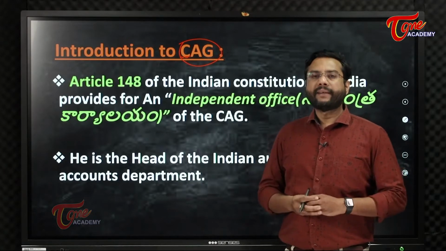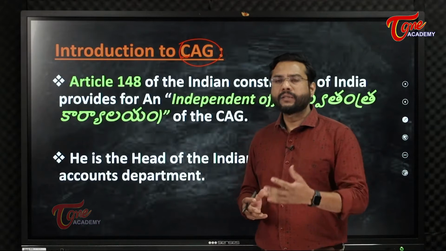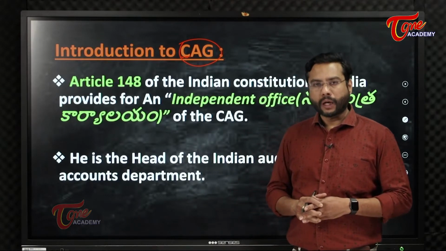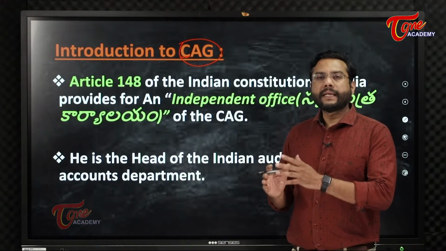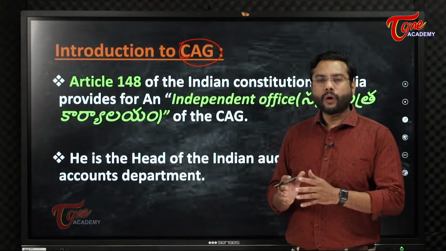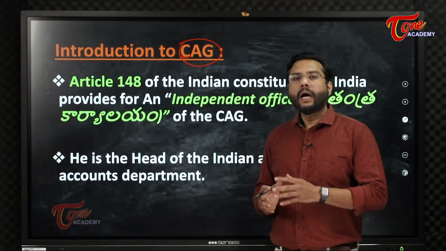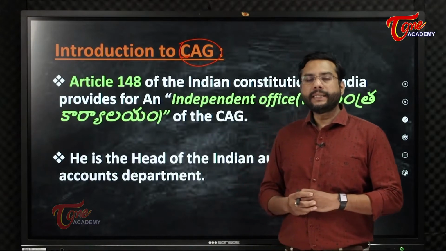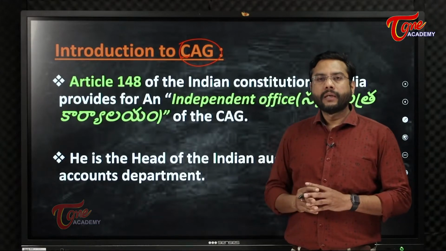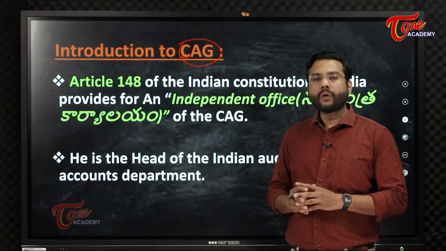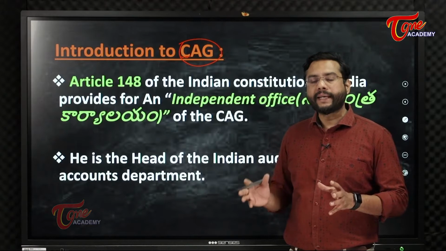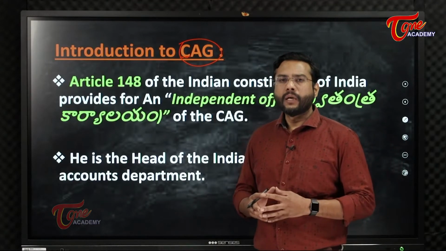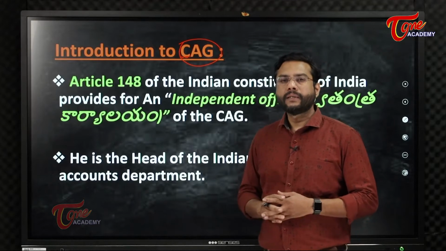After 1976, when we had a separate scheme, that is the departmentalization of accounts, the CAG was relieved of the duty or power to maintain the accounts of the central government. At present, the CAG is just an Auditor General and he audits the accounts of both the central government and state governments and also of various other entities and corporations prescribed by the President.